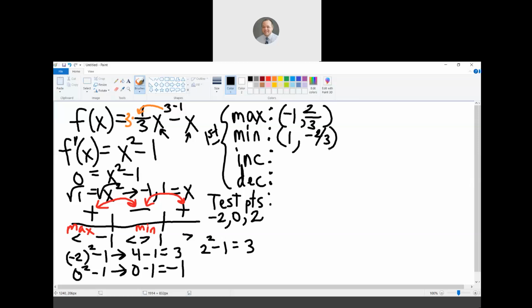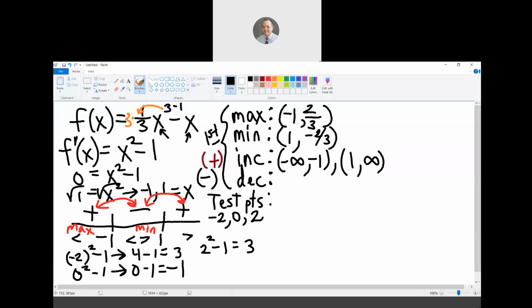Now, the plus signs are where your function increases. And that happens from negative infinity to negative 1. And also from 1 to infinity. Now, the negative sign on your sign chart reveals where your function is decreasing.